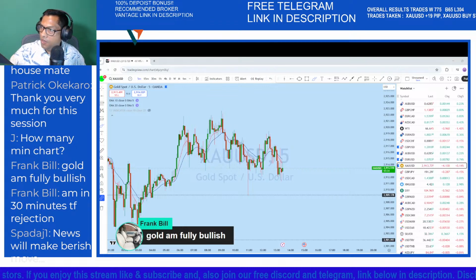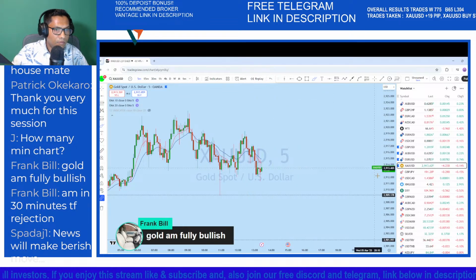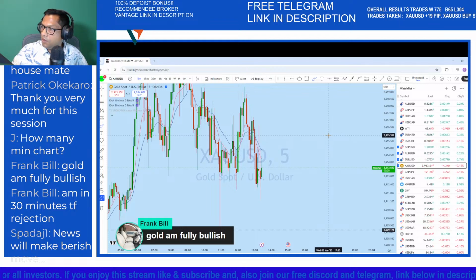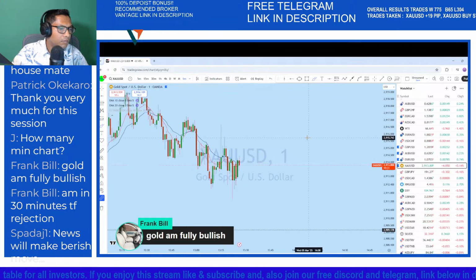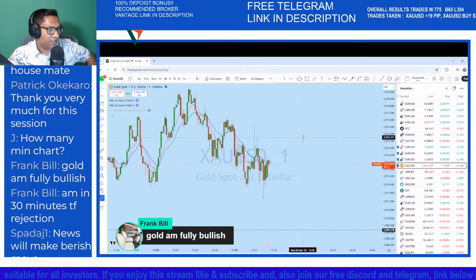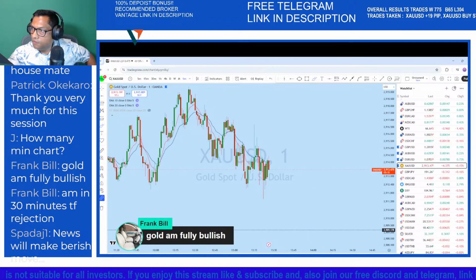So there is a probability for a short-term upside here, as this market is trending interestingly.